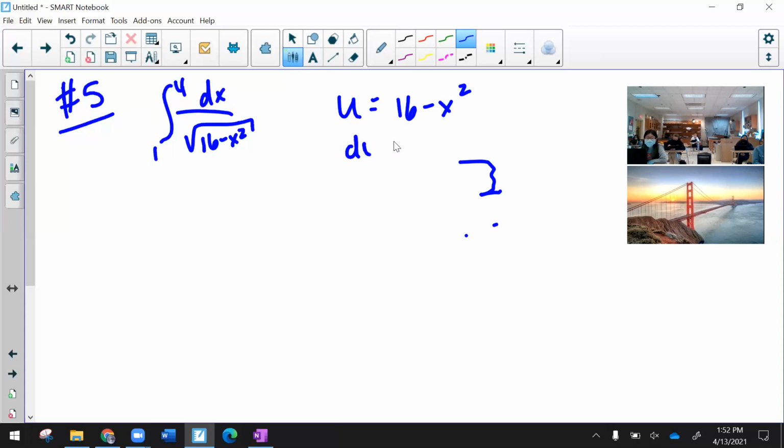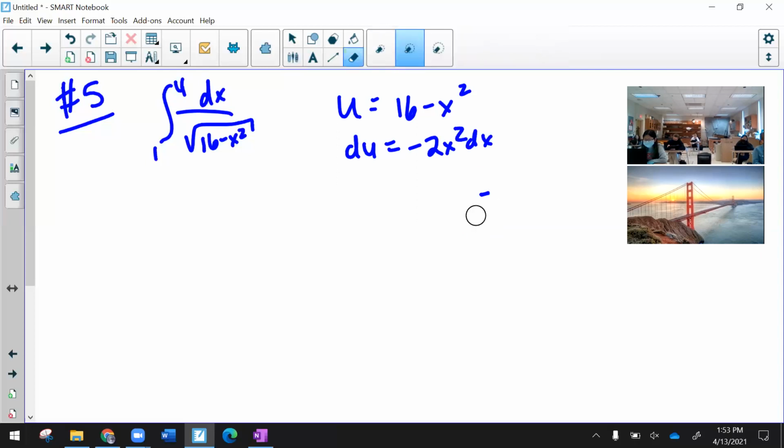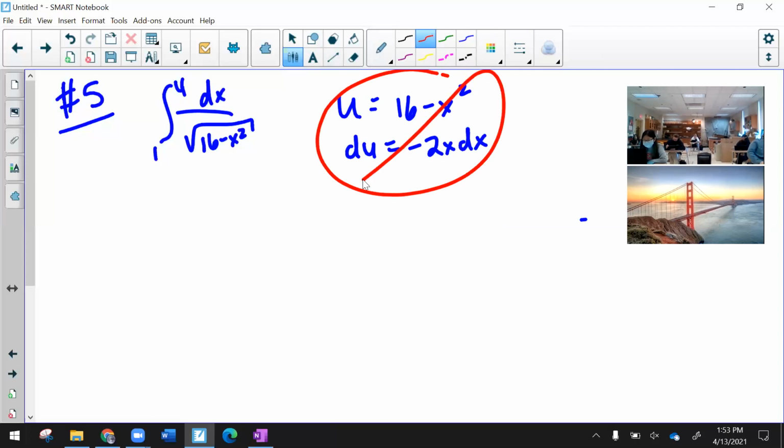But then du is going to be negative 2x dx. Sorry, not squared. And do we have an x? No. So that's not really going to work because I don't have the pieces.